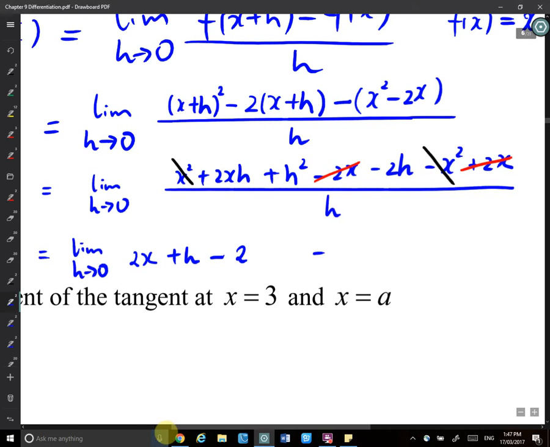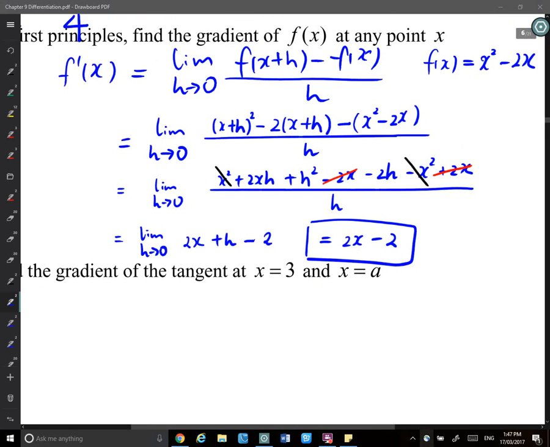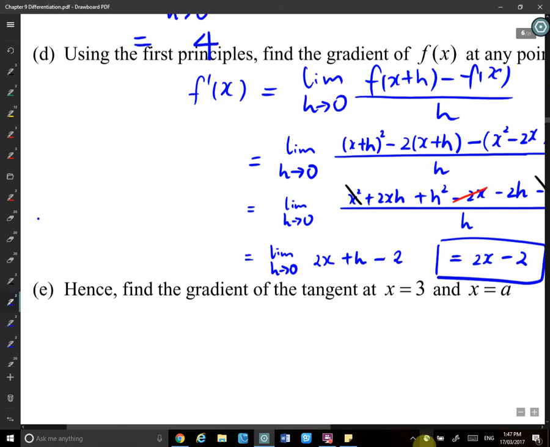So that will be equivalent to, putting h at 0, 2x minus 2. Okay, f dash x should equal 2x plus 2. So f dash x equals 2x minus 2, not plus 2. 2x minus 2 by using the first principle.